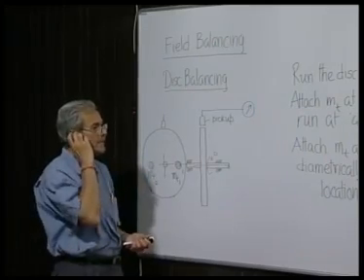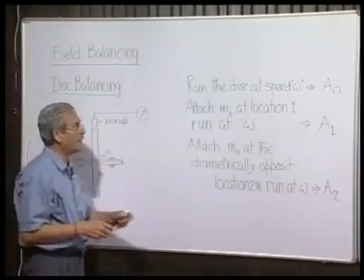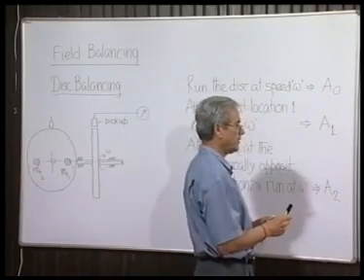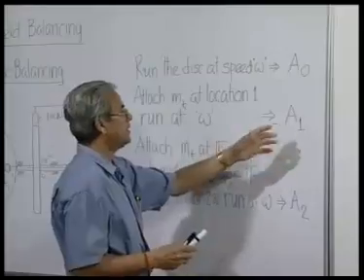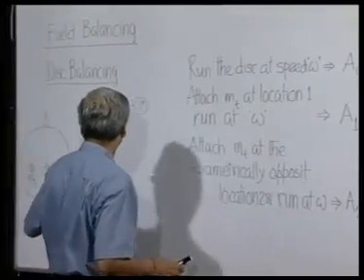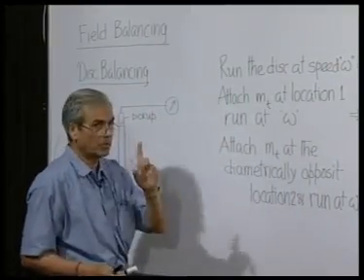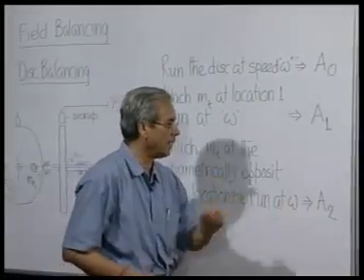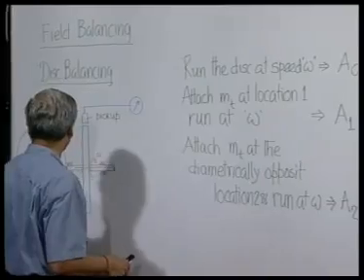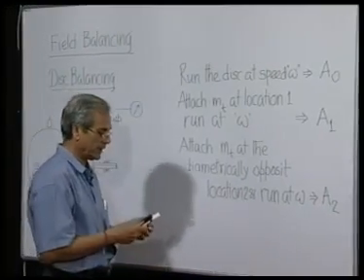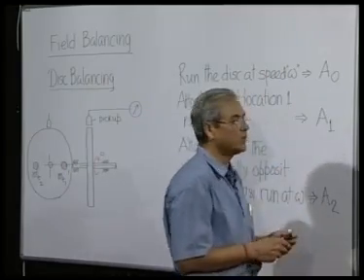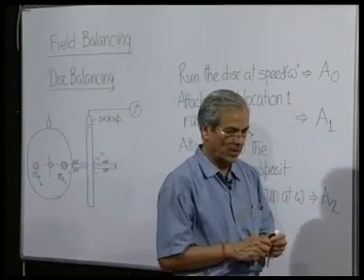Now you see a very interesting thing. A0 is the amplitude of vibration without any attached mass. A1 is the amplitude of vibration when a mass mt is attached at location 1. Similarly, A2 is the amplitude of vibration when the same attached mass is shifted to a diametrically opposite position. From these three quantities we get a lot of information.